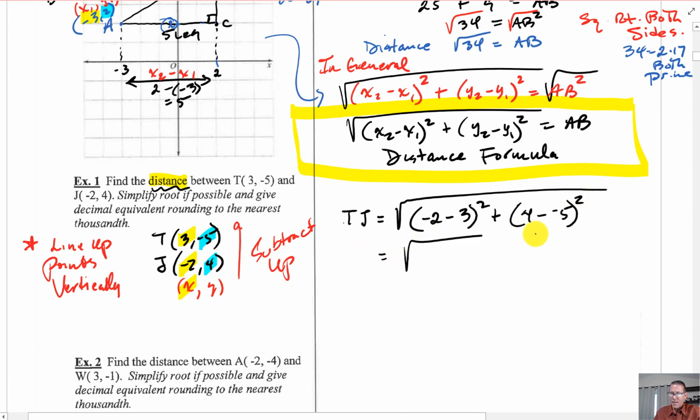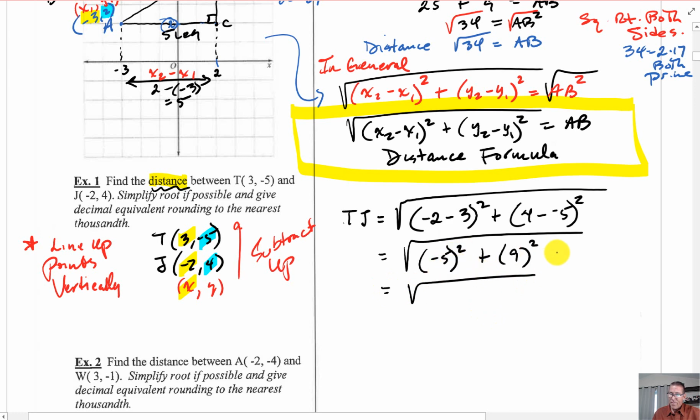The most common mistake in distance formula work is that people do not pay attention to the negative and positive signs, so make sure you pay attention to that. So the square root of, let's see, negative 2 minus 3 is negative 5. 4 minus a negative 5 is 9. There's a double negative there.